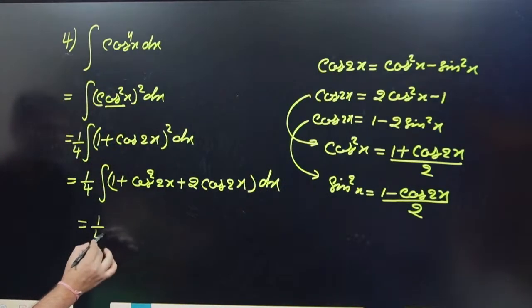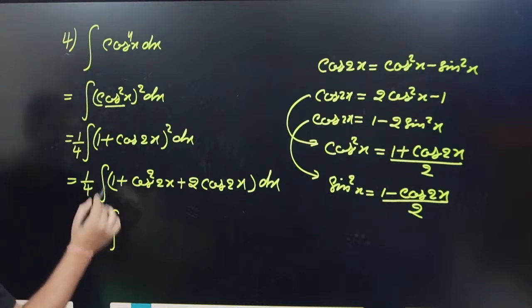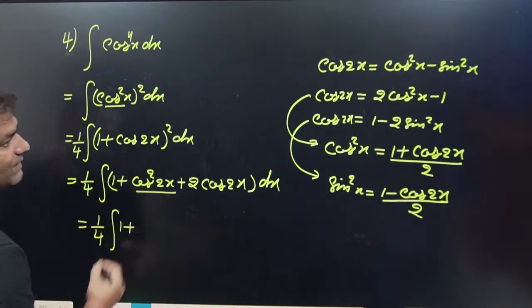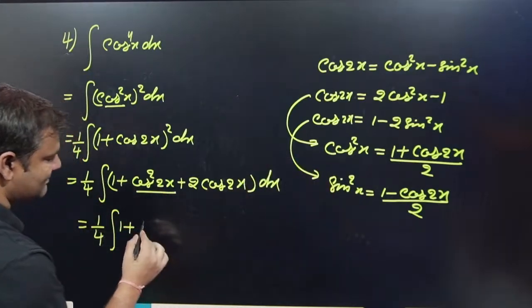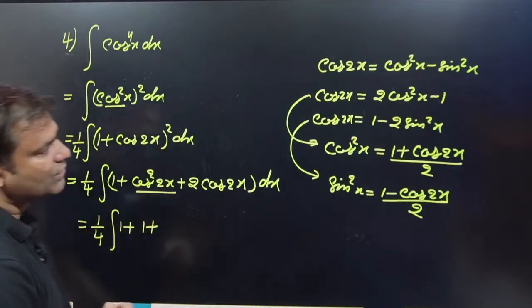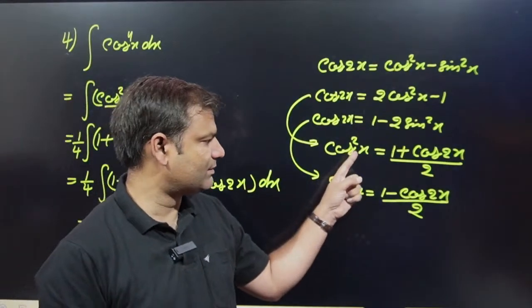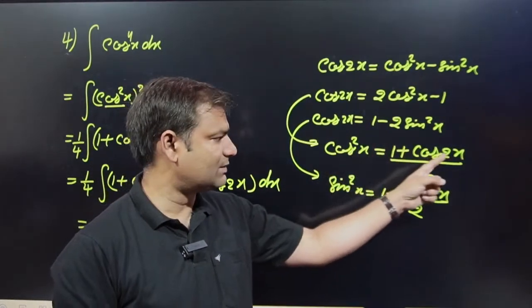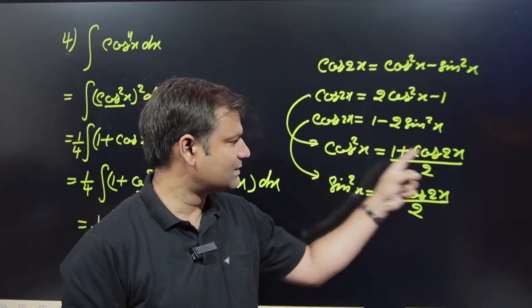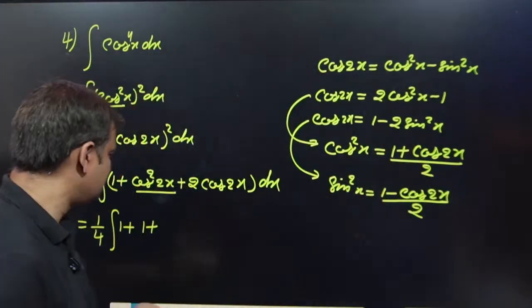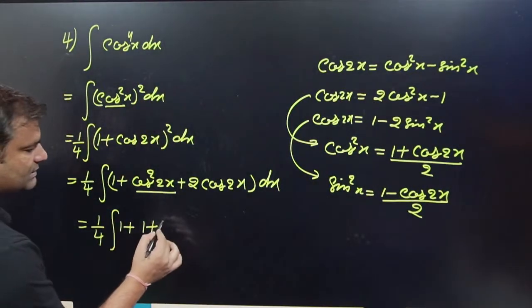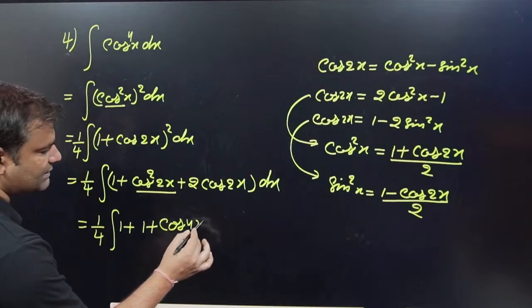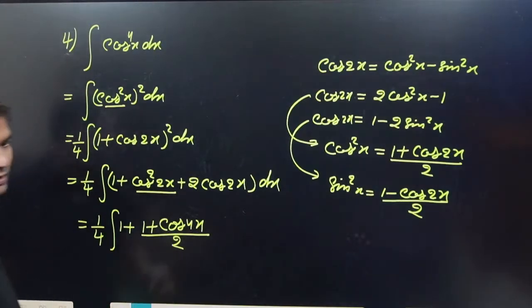After that, 1 by 4, here 1, and cos square 2x is replaced by 1 plus... here, if simple x, then here 2x. If here 2x, then here 4x. So 1 plus cos 4x divided by how much? 2.